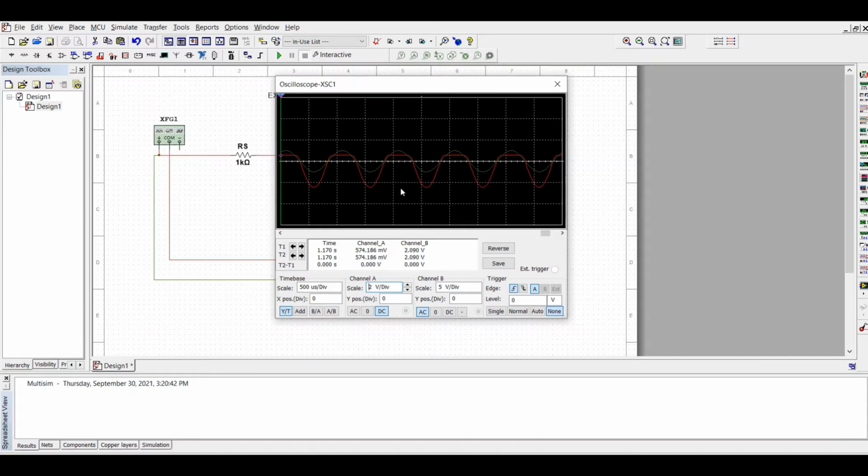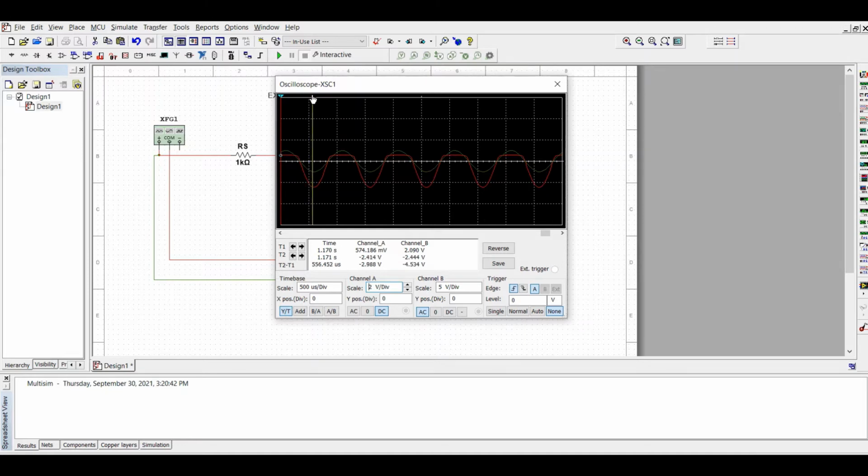Now the next aim is to measure the output voltage. That means you should be able to interpret the waveforms. So how will we measure it? Over here on the CRO graph tab, you can see two cursors. This is your cursor 2.